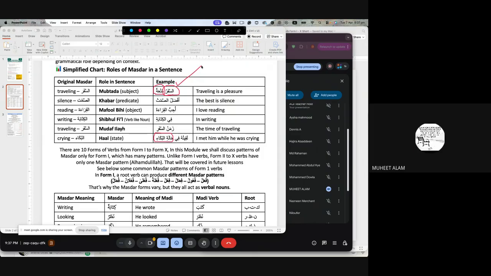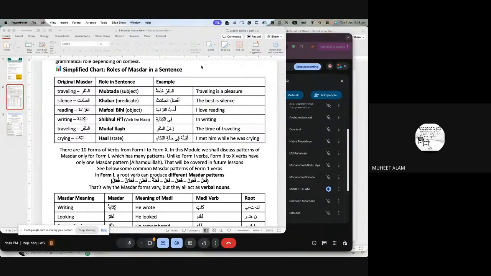Yes, Ustad. That's the reason why in the Quran and Arabic generally, we find it difficult to spot a masdar in the sentence. So from these examples, we can understand that the masdar can come as mubtada, khabar, maf'ul bihi, muzaf ilayhi, or hal also.